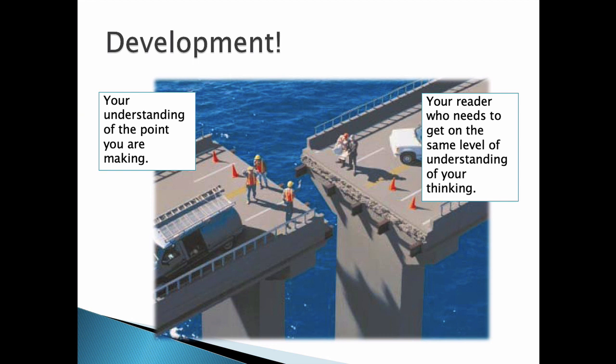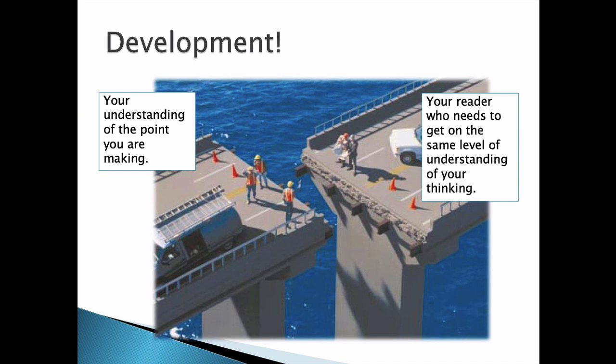And so for the visual learners in the crew, this might be a nice example of what development is. You are on the left. You understand the point you are trying to make because it is tumbling about in your head. But your writing must put all of those complicated things in your head clearly on paper for someone who isn't you. That is your teacher, your assessor.